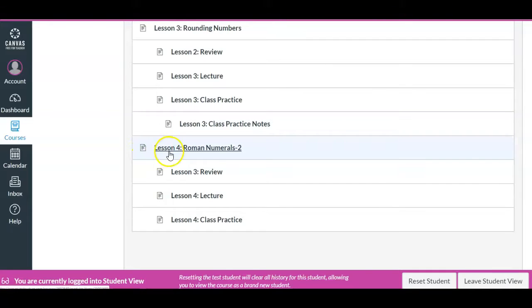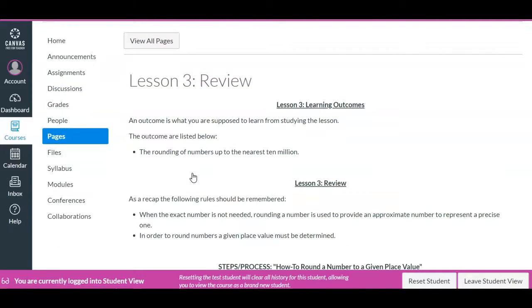Okay, so each lesson always starts with a review of the previous lesson. So let's go ahead and get that started. Each lesson has what are called learning outcomes. So the reason why you're learning material and what it is you're supposed to get out of that material after learning and studying it.